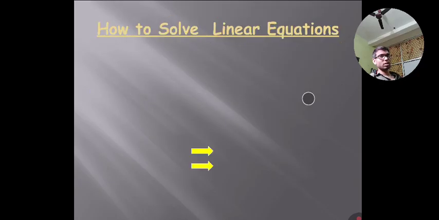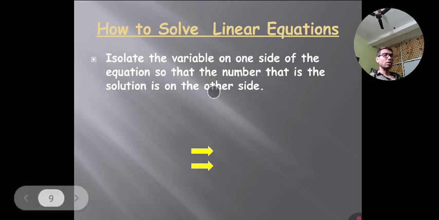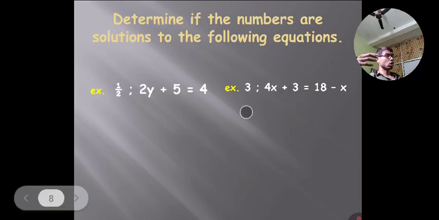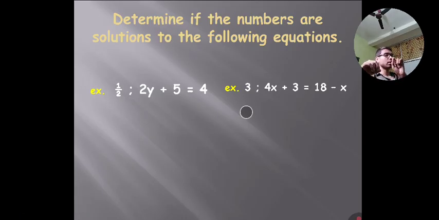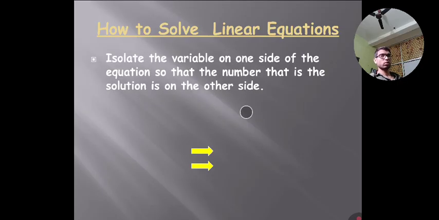Let's see how to solve a linear equation: isolate the variable on one side. Remember, I have told you that 1 upon 2 is not a solution for the first, and 3 is a solution for the second. You can see it for yourself by solving. Now, how to solve a linear equation?